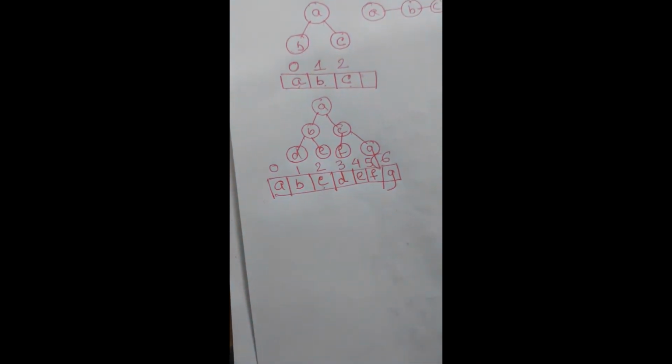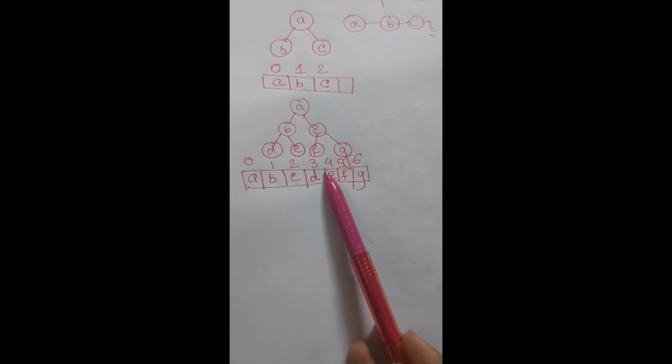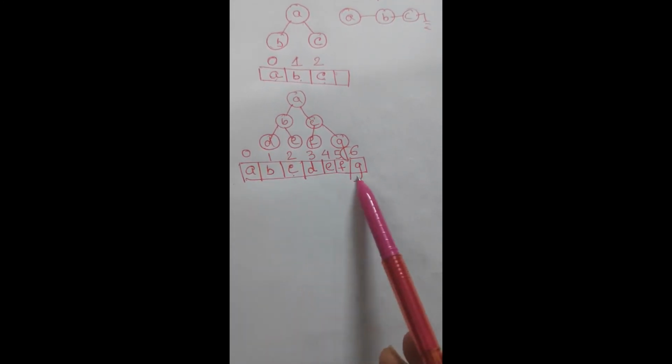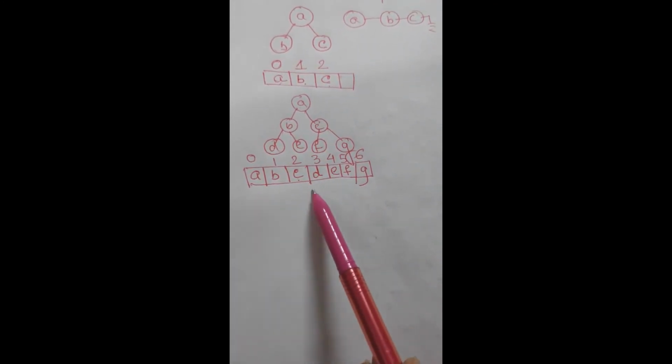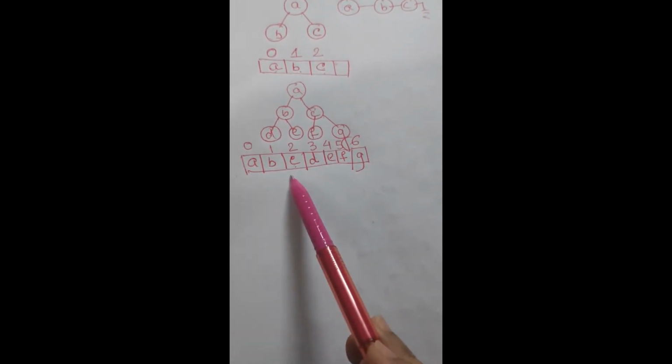Now when we are coding on this representation of tree, you see this is not a linked list representation of tree, this is an array representation of tree. We are implementing a tree using an array.